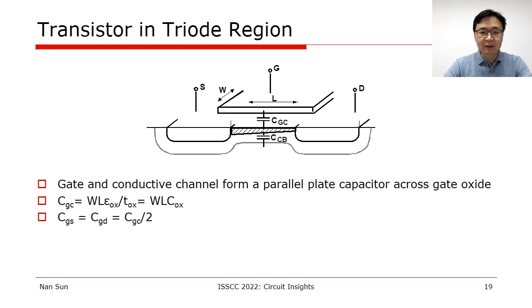And here in the triode region, we can approximately assume that the drain and the source are symmetric. In this condition, the capacitance between the gate and the channel, CGC, can be equally distributed on CGS and CGD, and therefore we have CGS equals CGD equals the total channel capacitance divided by 2, which is CGC divided by 2.